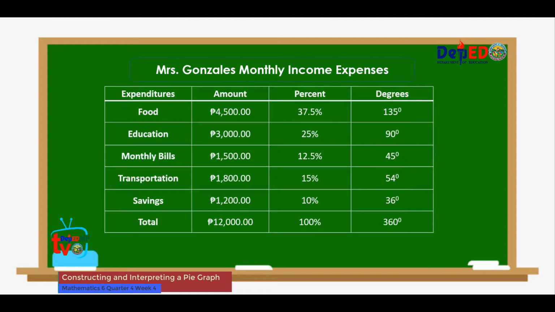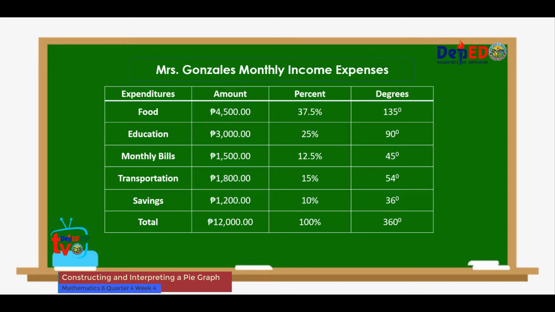So this is Mrs. Gonzalez monthly income expenses. In the first column, you can see there the expenditures, and the next column is amount, the next is percent, and the last column is degrees. Now you are going to construct a pie graph out of this data.